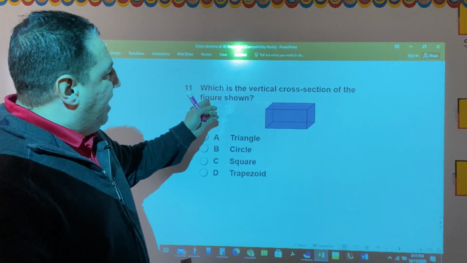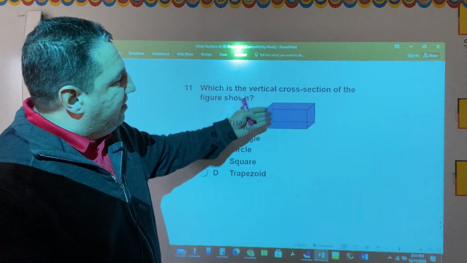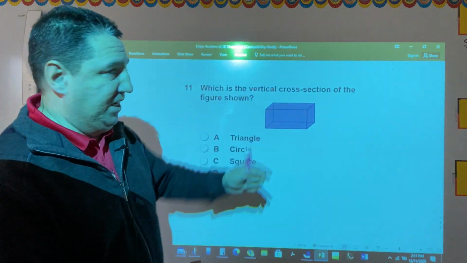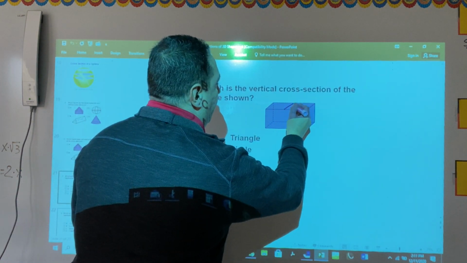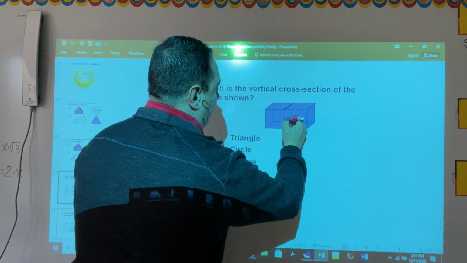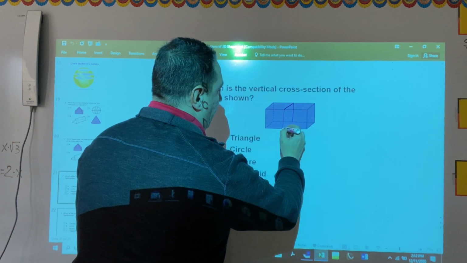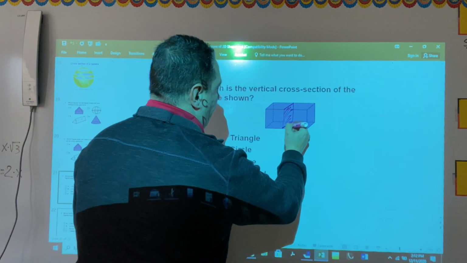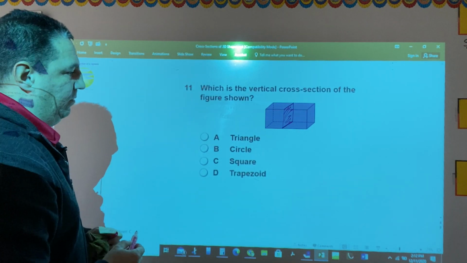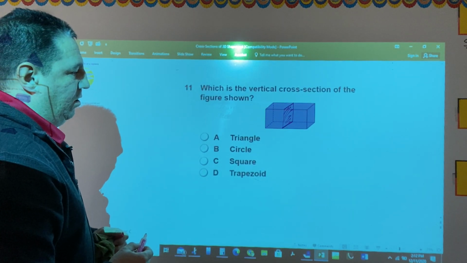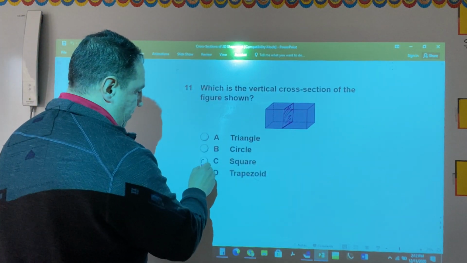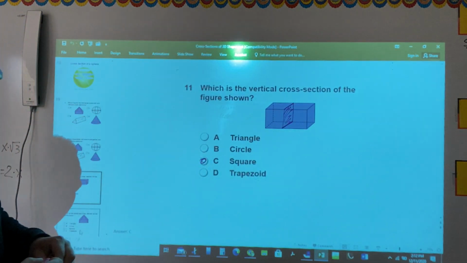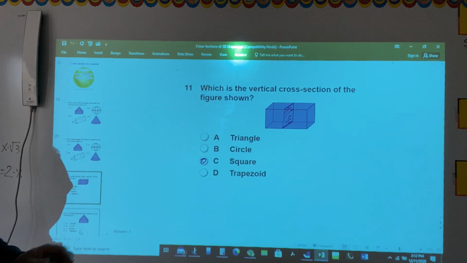So when we cut this object vertically, the resulting cross section would be a rectangle, or a square. This is a square. Good.